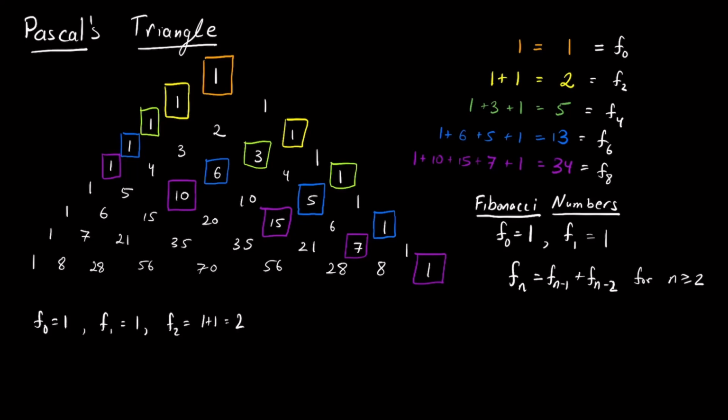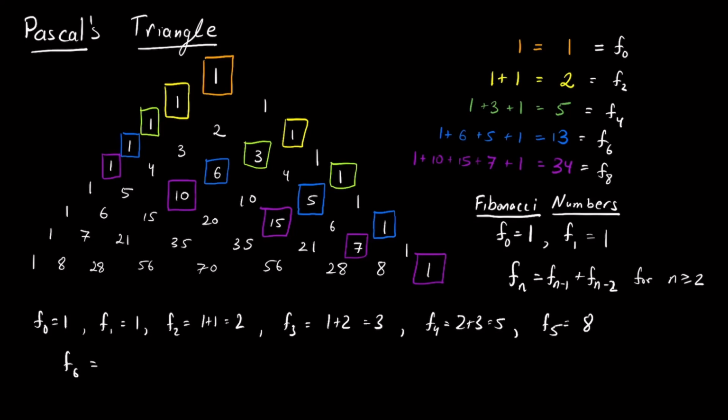I'm adding the two previous numbers. f3 is 1 plus 2, so that's 3. f4 is 2 plus 3, so that's 5. f5 is 3 plus 5, so that's 8.